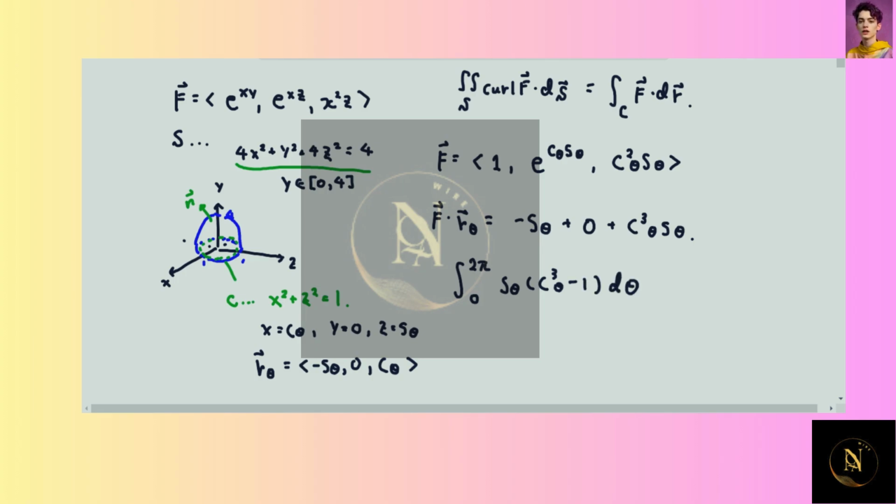Now this is quite a straightforward integration, so I will leave it up to you to do the rest of the calculation, but this simplifies to 0. So I want you to confirm that on your own, but in the big picture, this is how you use Stokes' theorem to solve this problem.